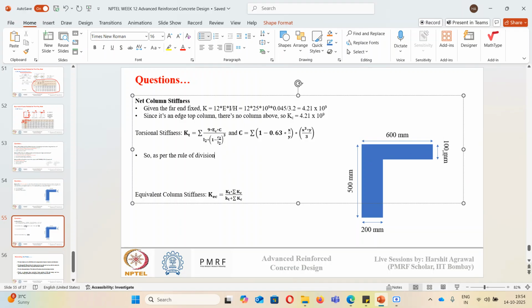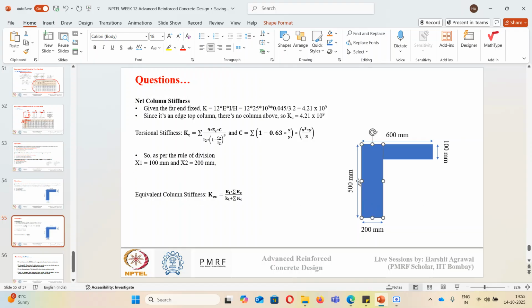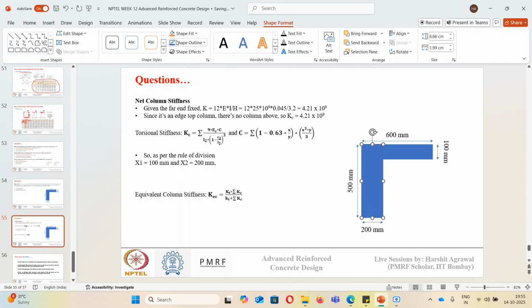If I assume this is 1 and this is 2, then x1 is 100 mm and x2 is equal to 200 mm. What we have learned in the division rule is that the x which is greater needs to be provided a larger y. So I will divide it like this.